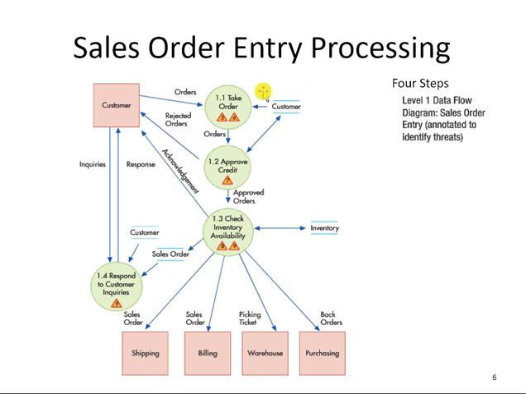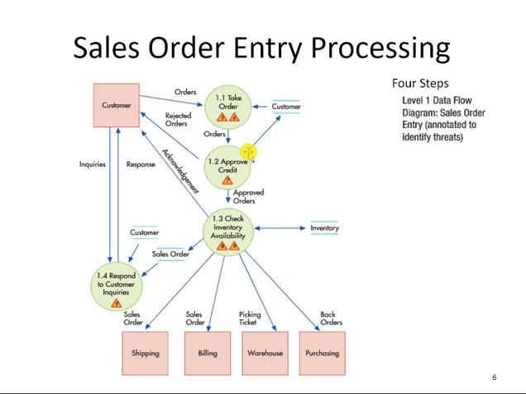From this DFD, we can see clearly that the customer is going to send order data to the taking order process, and the data will also be retrieved from the customer database. Then it will be sent to the next process, which is approving credit. The customer credit will be checked.